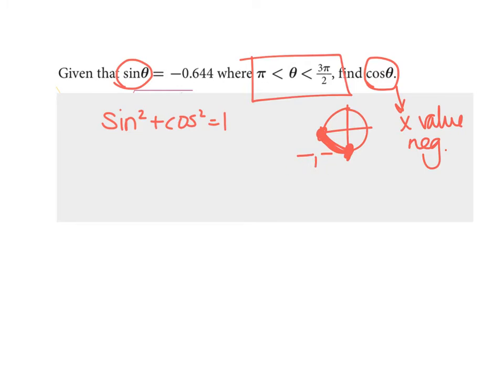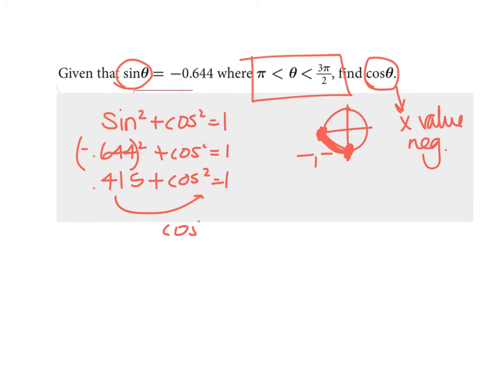All right, then we're just going to start plugging our values in. I'm going to use this original formula, so I'm going to put in 0.644, negative, the whole thing squared, plus cosine squared equals 1. That gave me 0.415 plus cosine squared. I'm going to subtract this over to the other side, which leaves me with cosine squared equals 0.585.